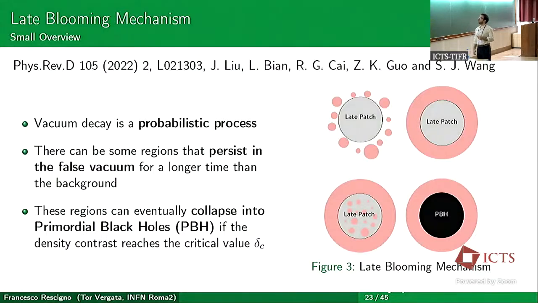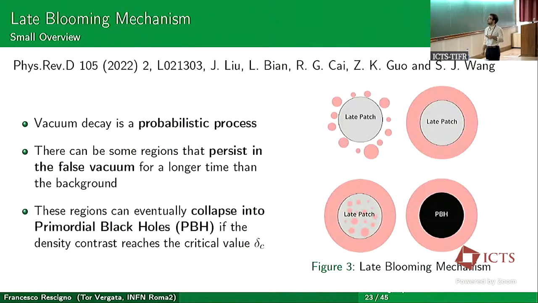The idea is that since the energy density related to the relativistic bubble wall behaves like radiation, when the bubble starts to nucleate also in the late patch, there is a delay between the nucleation outside the late patch and inside the late patch.